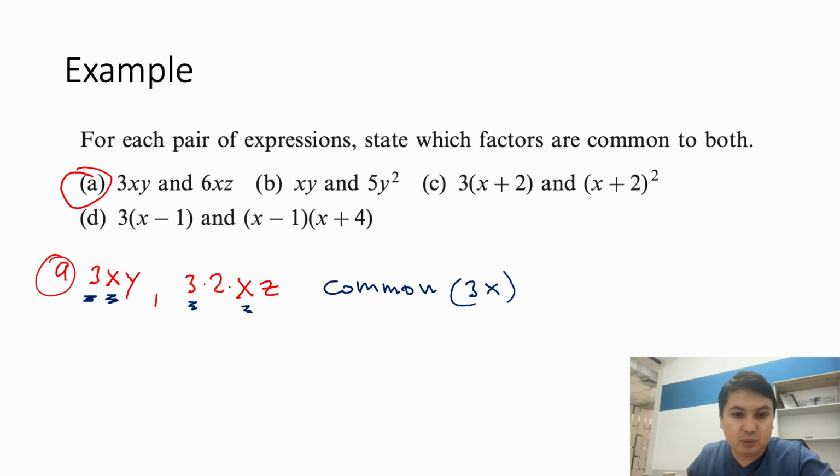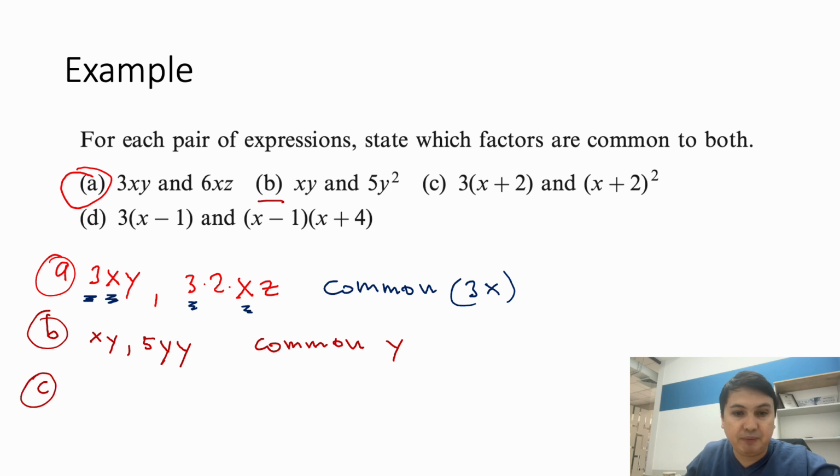Okay, let's do it a bit faster. About B, I have xy and 5y squared. I can write 5y squared as 5y times y, right? So now we see that y is in common. So the common term would be simply y. How about C?